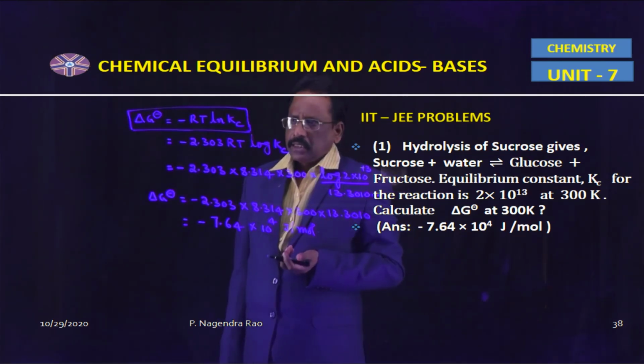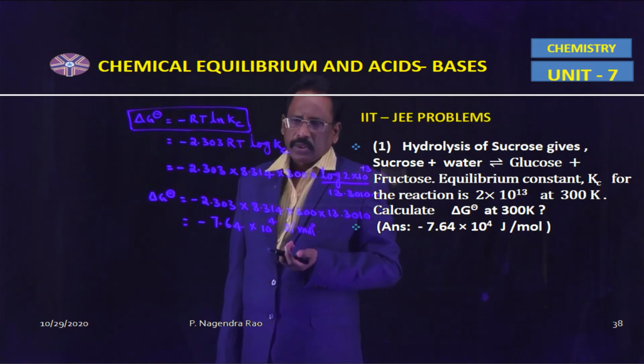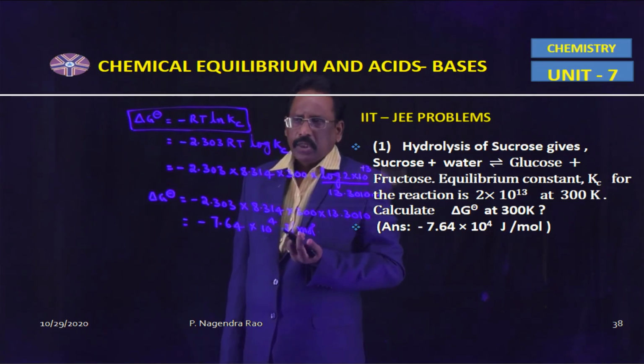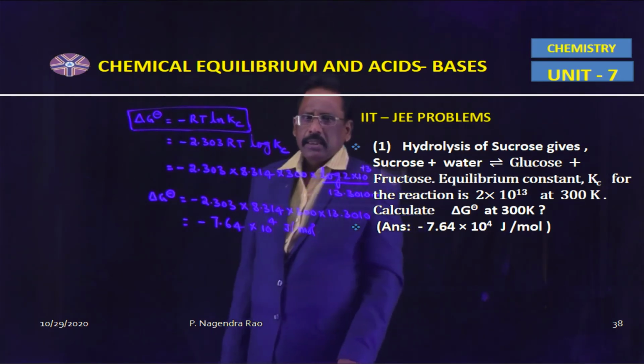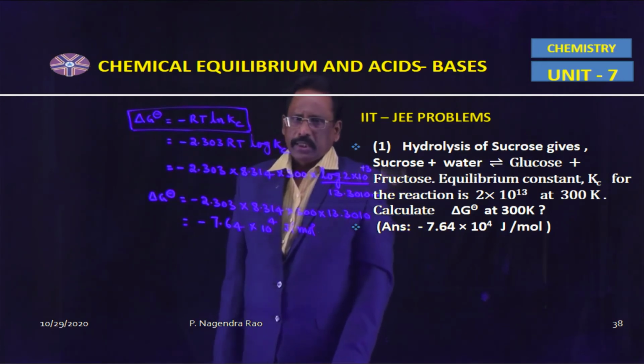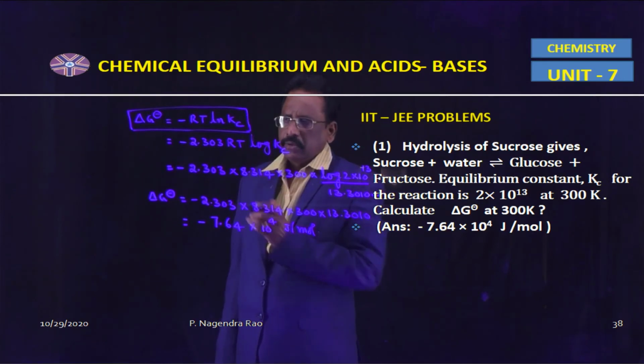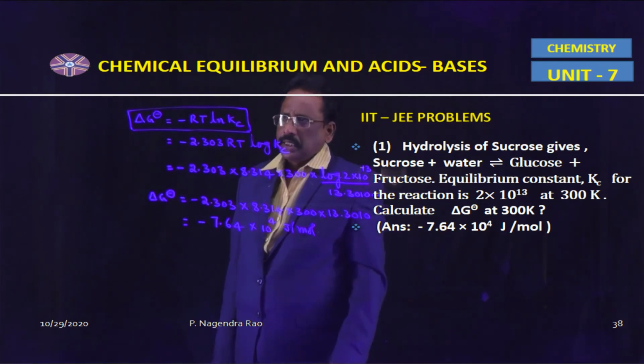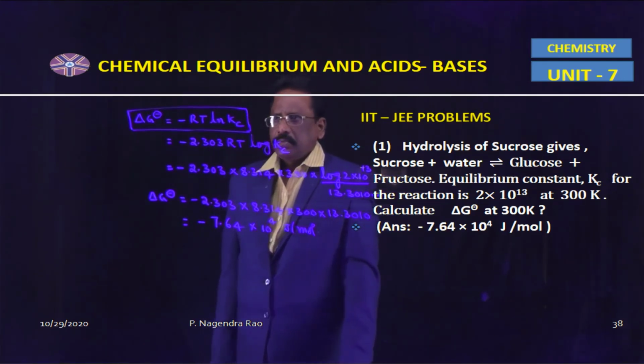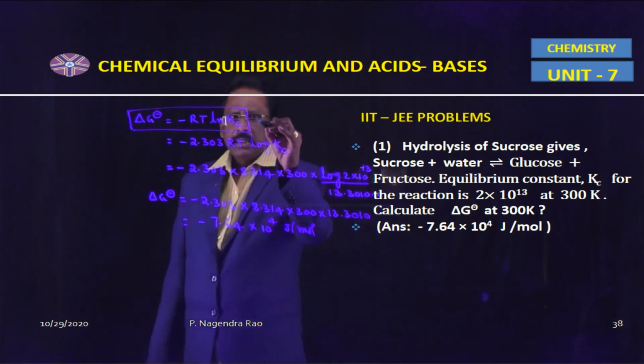On hydrolysis, sucrose is decomposed into glucose and fructose, for which the molecular formula is C6H12O6. So if you know the Kc value, it is possible to calculate the change in Gibbs free energy from this relationship.